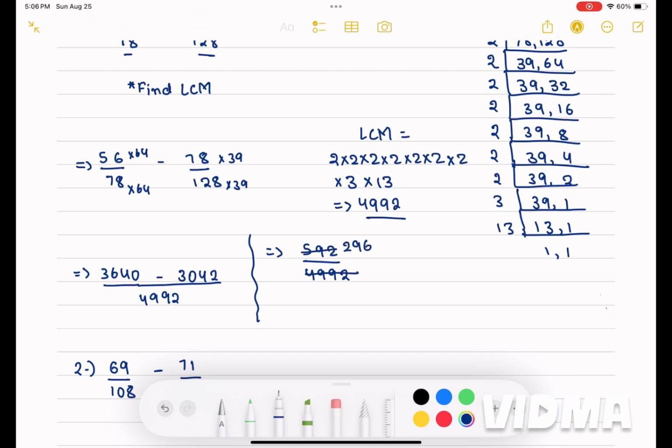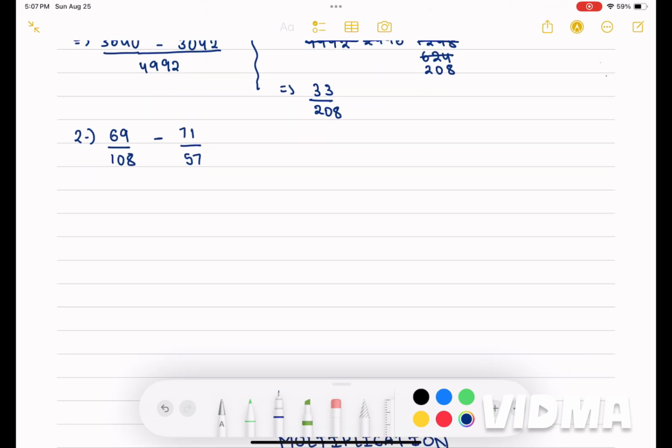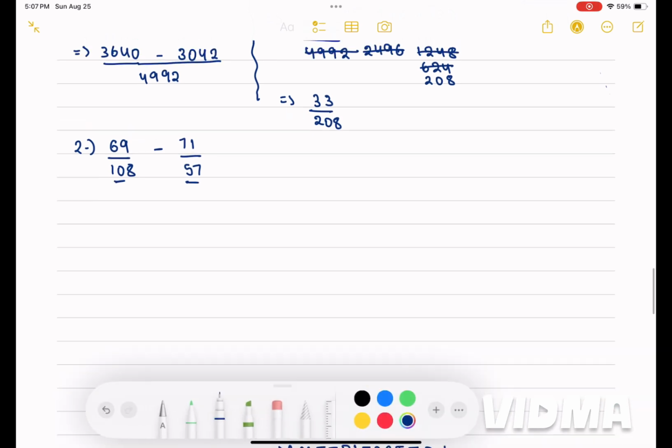And now you have to simplify it. The answer is not 592 by 4992. No, you need to simplify it. The simplest, least possible form of a fraction should always be given as the answer. There you go. The final answer, 33 by 208.